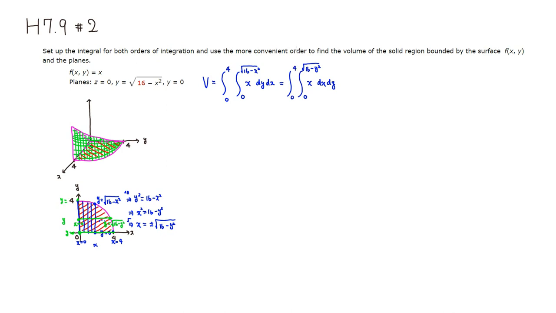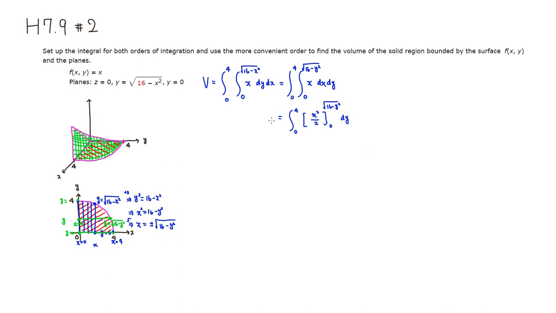We can do either one. The first one might require substitution. The second one is probably easier, so I'm going to work on the second one. I'm going to leave the integral from 0 to 4 alone. The antiderivative of x is x squared over 2, going from 0 to the square root of 16 minus y squared, and we'll integrate with respect to y later.